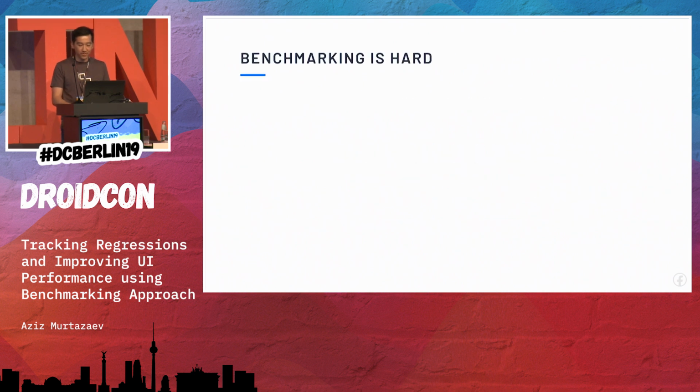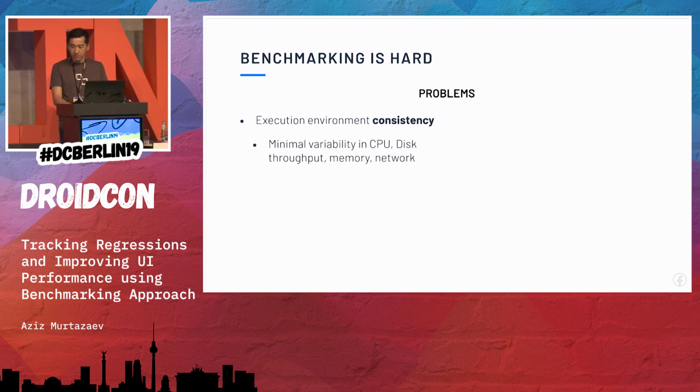There are a lot of problems with benchmarks. First is execution environment consistency. What do I mean by that? The CPU frequency, disk throughput, memory, and network are not always consistent. For example, let's take CPU.